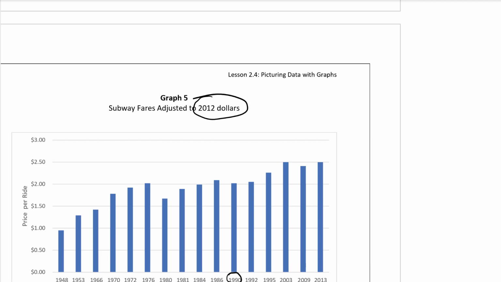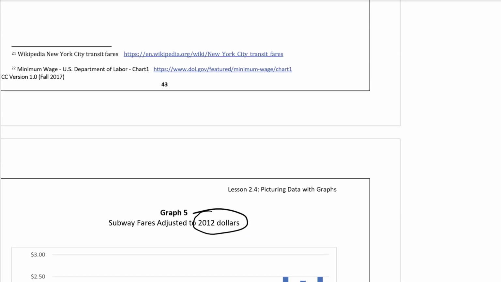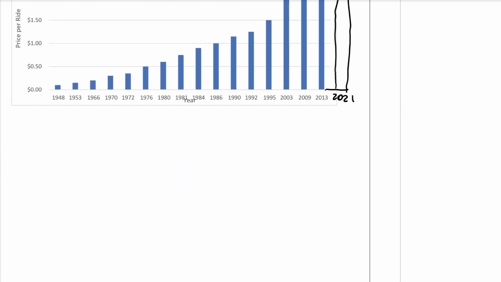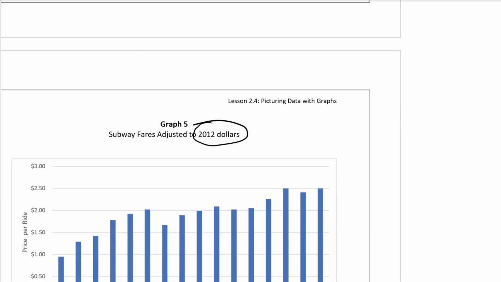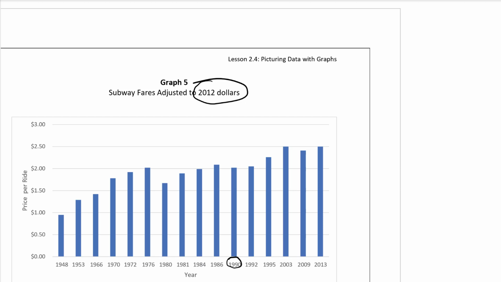All right. So even though things look cheaper in a given period of time, like let's say the cost of the subway in the year 1990 was only $1.25, but that $1.25 in 2012 dollars is actually $2, right, in that year.